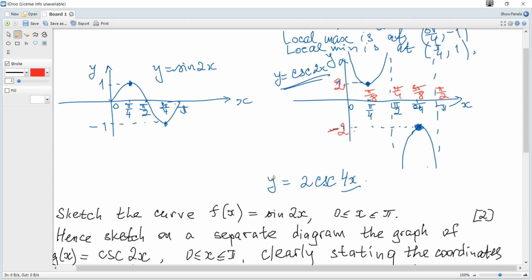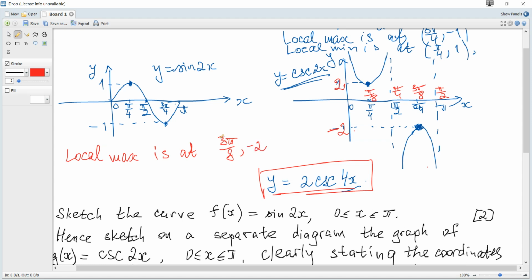And hence, for this function, local maximum is at 3 pi over 8 and negative 2, and local minimum is at pi over 8 and negative 2.